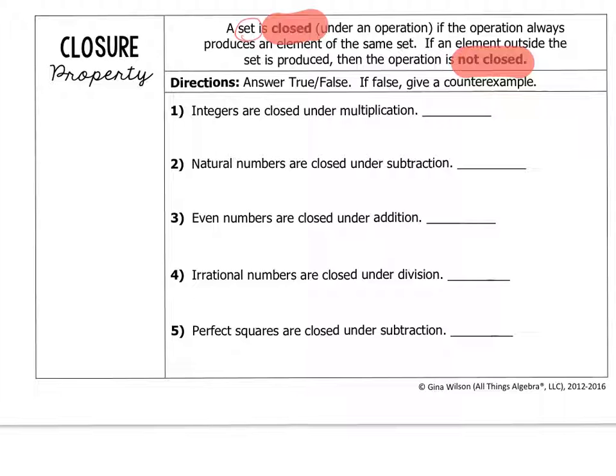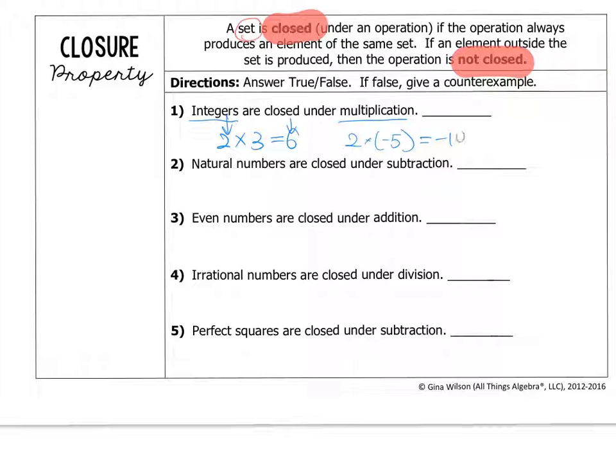Here it says integers are closed under multiplication. So I'm talking about integers, I'm talking about multiplication. And it talks about this set being closed, meaning let's do two integers. 2 times 3 equals 6. 2 is an integer, 6 is an integer. What if 2 times negative 5?